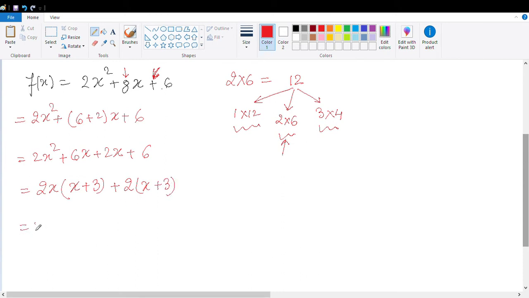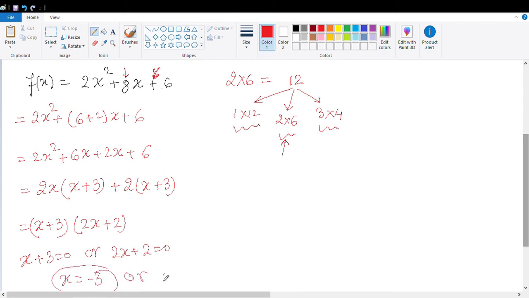So it will be x plus 3 common from the whole, and then another bracket will be 2x plus 2. Okay, now we can make each one equal to 0. So you will get x plus 3 equal to 0 or 2x plus 2 equal to 0. From here you will get x is equal to negative 3, one answer, or x is equal to negative 1 is the other answer. So these are the two zeros of the polynomial 2x square plus 8x plus 6.